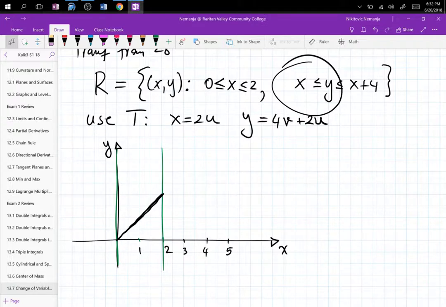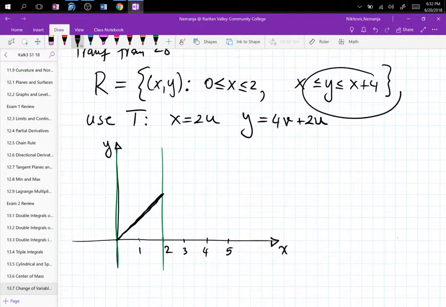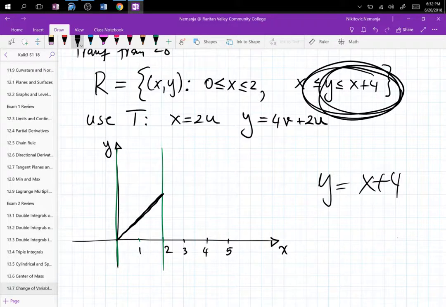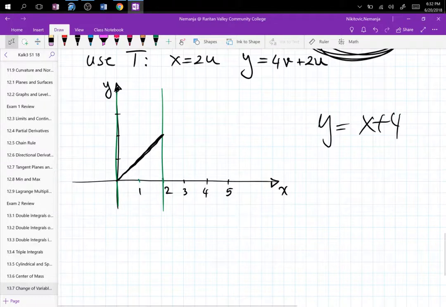So now I use the other side, which is the other equation. And that's y equals x plus 4. Well, I need 1, 2, 3, 4. Oh, come on. The scale is off, yeah, which means that I have to use my divine powers over here too.